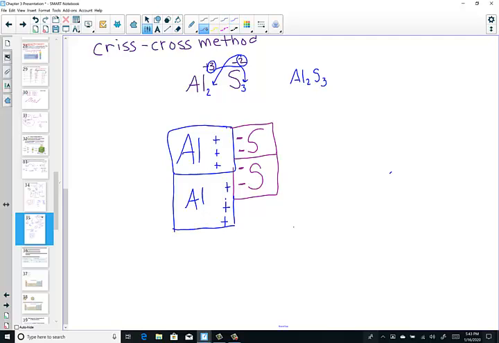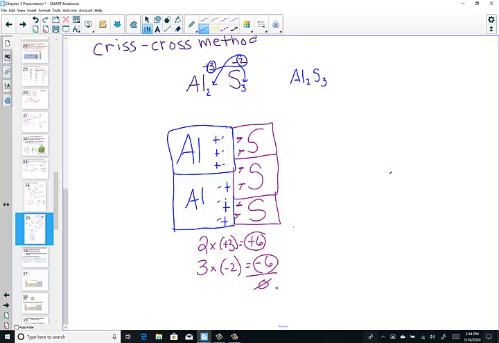That tells me that I have sulfur with a minus. That sulfur comes in only -2 charges. It takes 2 aluminums at a +3 apiece and 3 sulfurs at -2s each to create an electrically balanced compound. 1, 2, 3, 4, 5, 6 positives, 1, 2, 3, 4, 5, 6 negatives, and we're balanced to be electrically neutral.